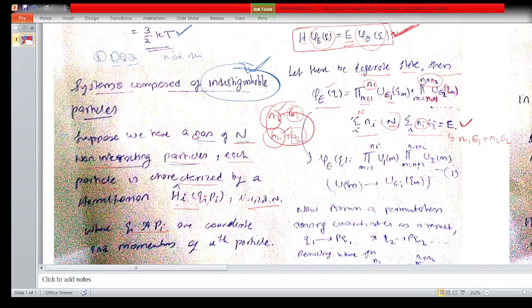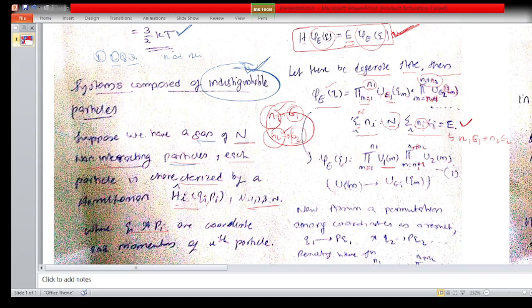This you can also write as phi e of q, the product over m equal to 1 to n1 of u1 of m, and then m equal to n1 plus 1 to n1 plus n2, that is the total number, of u2 of m.